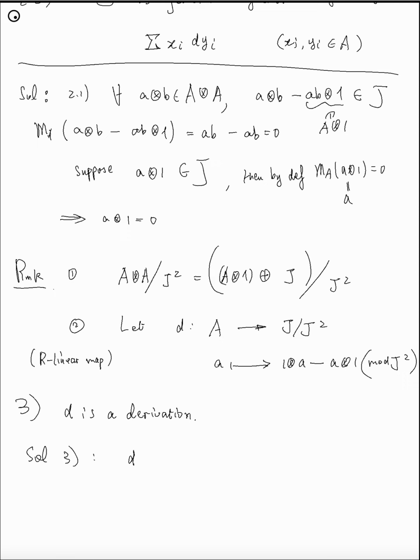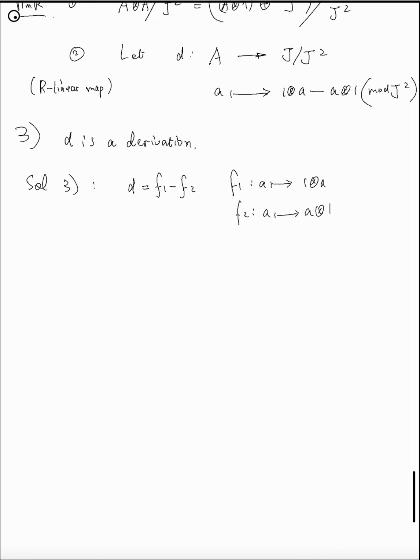So let's say D equals F1 minus F2 with F1 defined to be this, F2 defined to be this. And then notice we are back in the situation of our exercise 1.